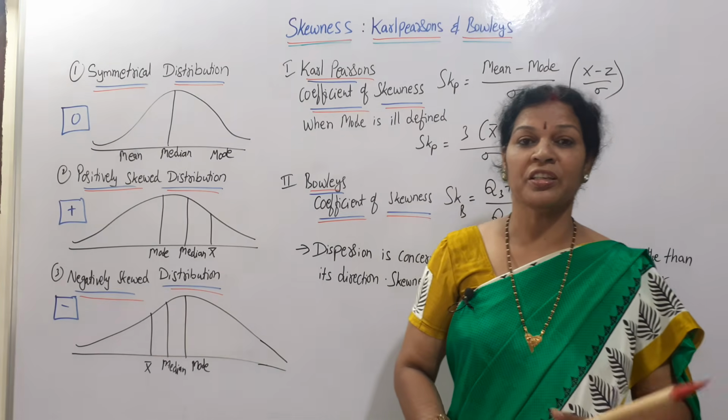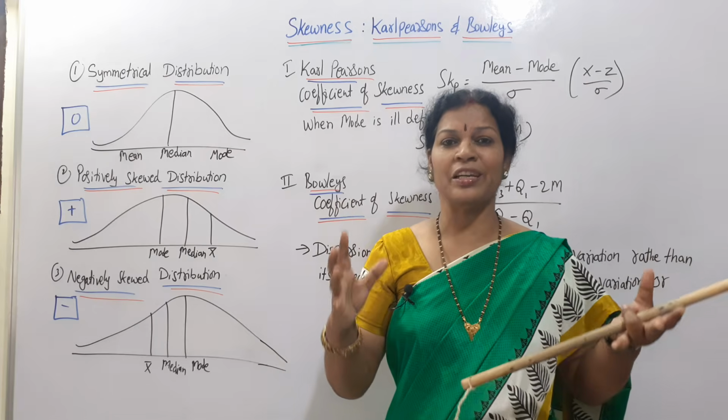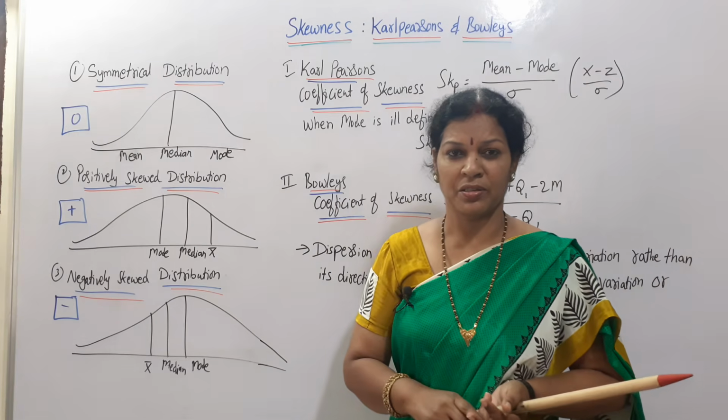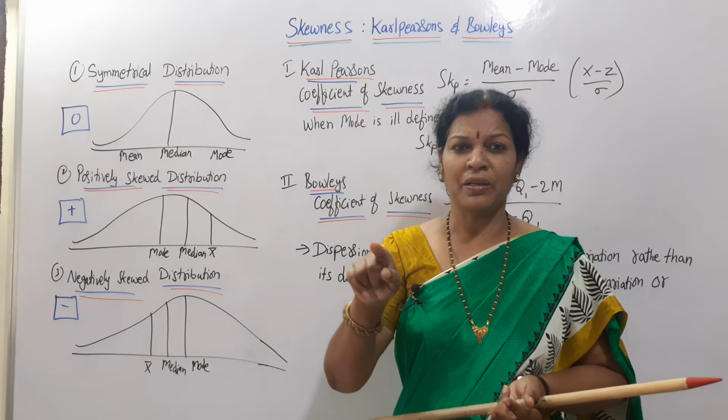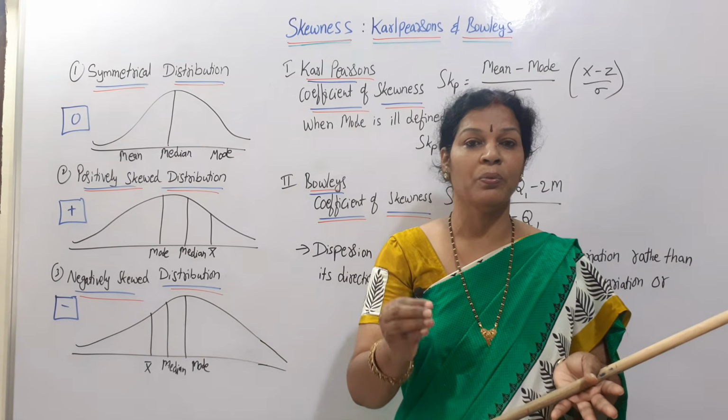One more important thing to remember: when we calculate skewness, the outcome is not a very high value. The value will always be small, at the most +1 or -1. In between that you will find the value. Very rarely you will find a high value.